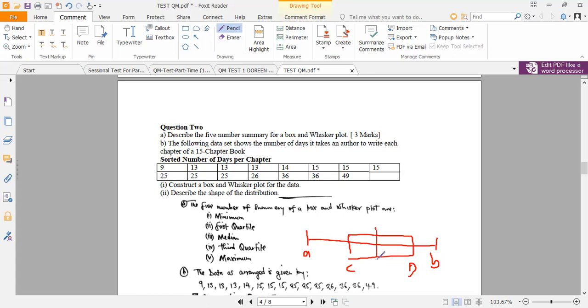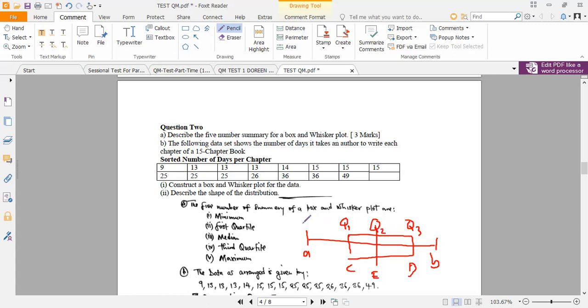Then we have our median here. So this is a minimum, that is a maximum. This is a lower quartile, which is Q1. And this is the upper quartile, which is Q3. And this is our median, which is Q2.